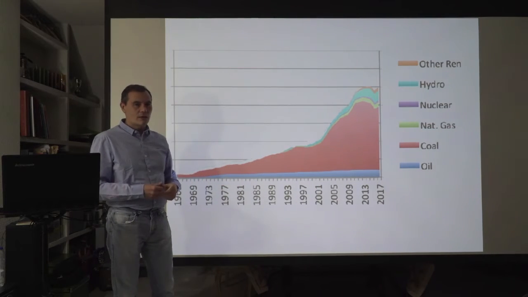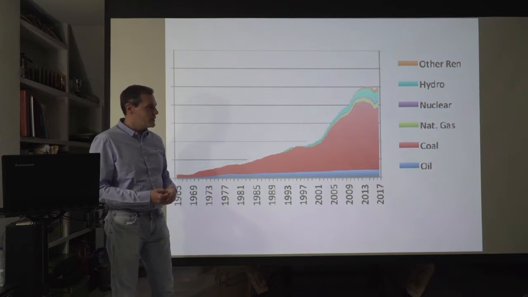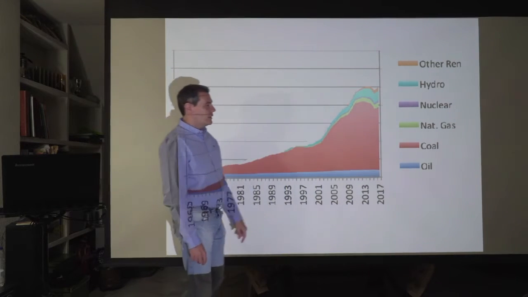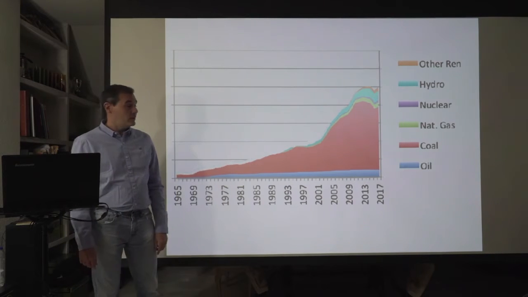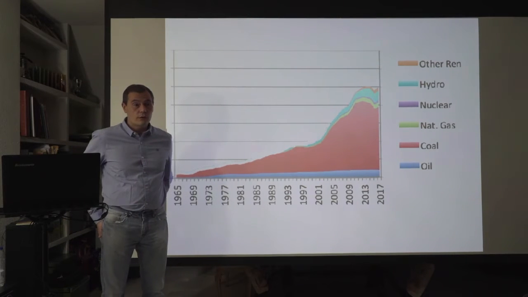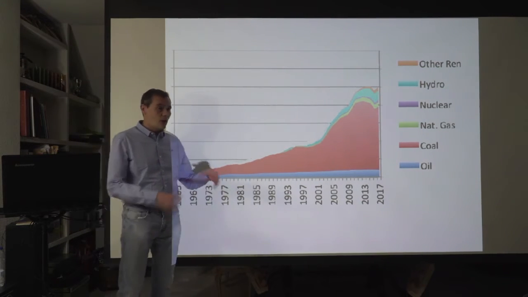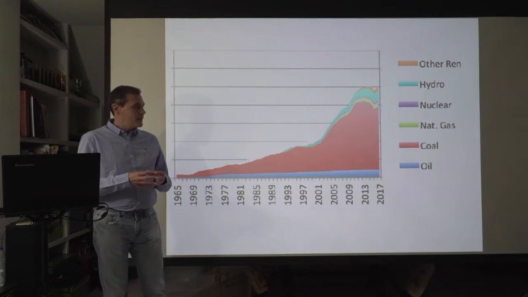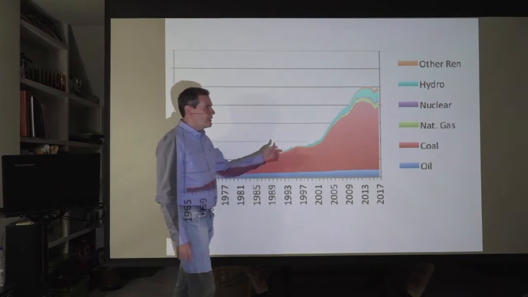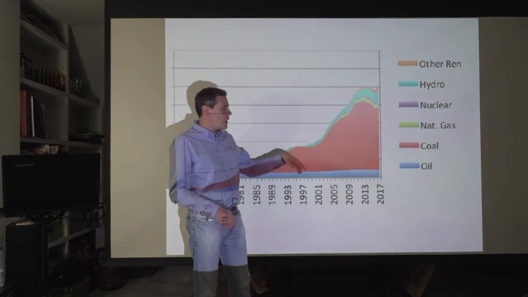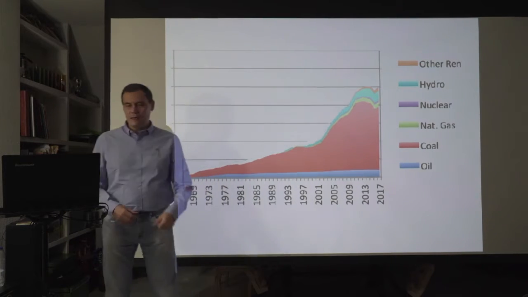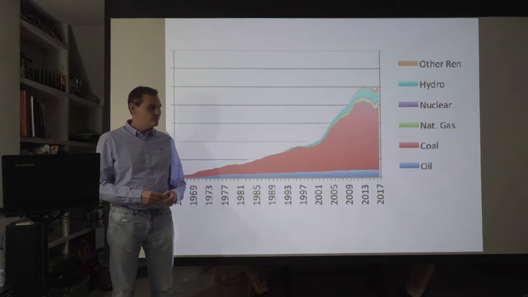We will talk about this over the next few weeks. But basically, coal is the most important source of energy in our world. This is bad news because by burning coal, we are generating a lot of greenhouse gases. So our commitment as human beings is to reduce the energy consumption, and especially to reduce the amount of coal we are burning.